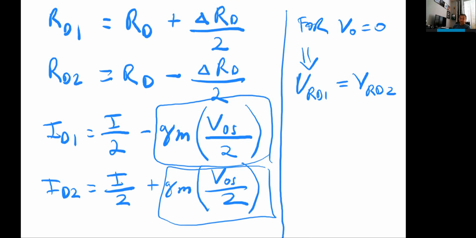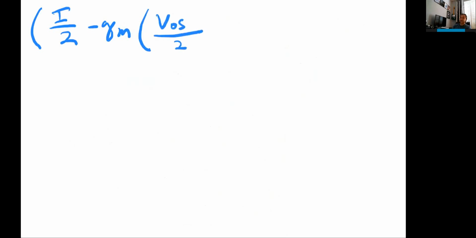In that case, I can write this expression. Essentially, the voltage across the drain resistor, so essentially, I'm looking for the voltage that I need to nullify the offset, which is essentially saying what is the offset.